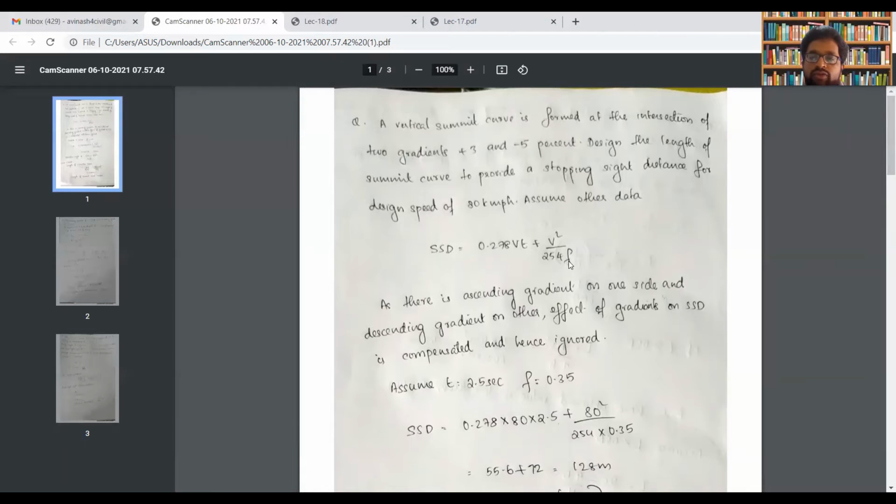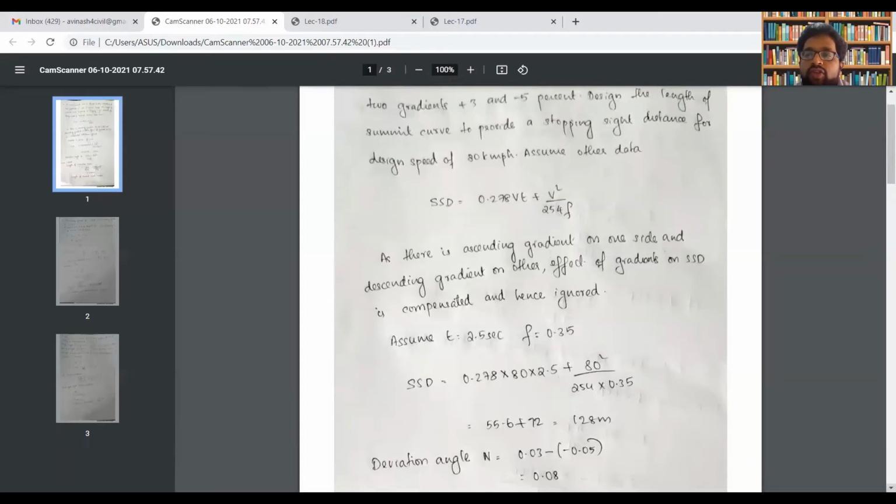What you have to do is, there is an ascending gradient on one side and a descending gradient on another side. First of all, you have to find out the deflection angle and you also have to find out the stopping sight distance. This is the expression for stopping sight distance, but total reaction time and friction are not given. So you have to assume suitable values for these two.